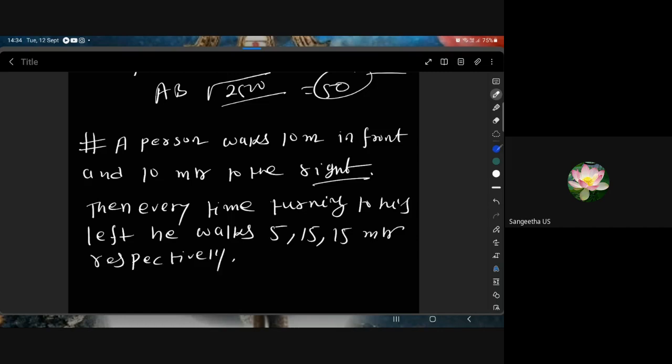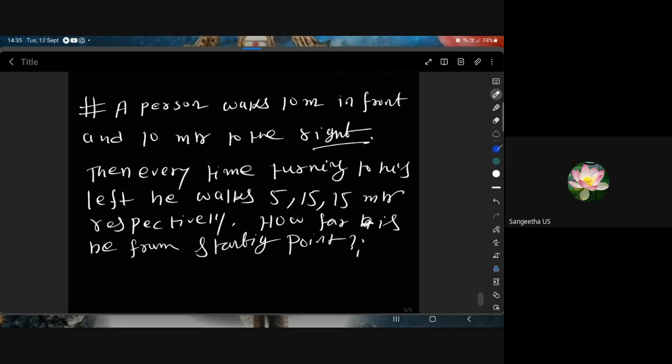How far is he from his starting point? Options are 20, 15 meter, 10 meter, 5 meter.